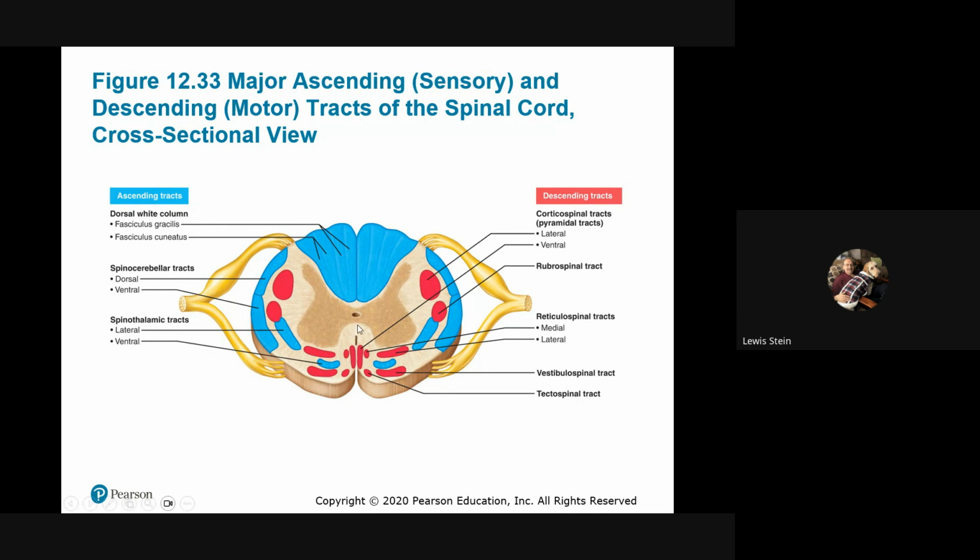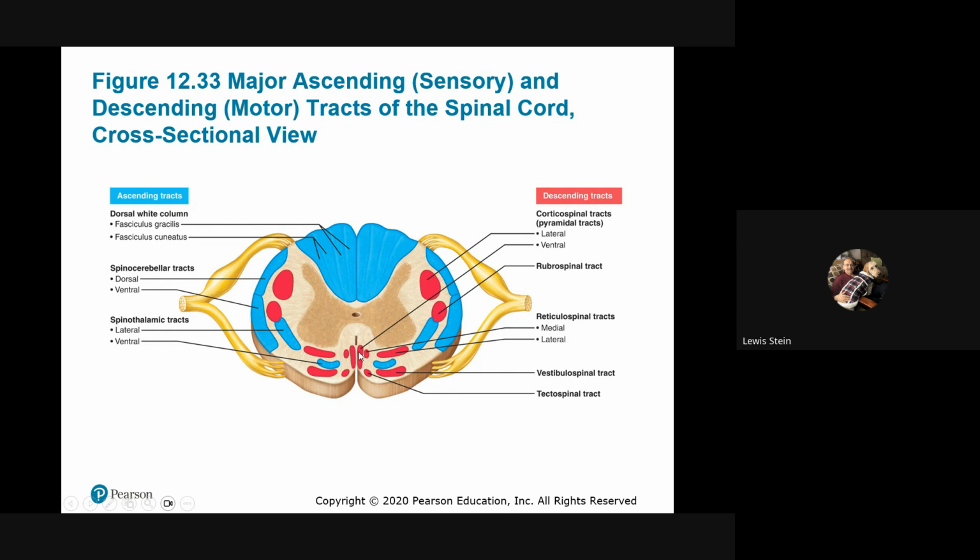That's red, descending tracts. The main tracts, remember those pyramids, the pyramidal tracts, are the corticospinal tracts. From the cortex to the spine, those are the pyramidal tracts. They are mostly lateral, and if you follow down, there are some closer to the midline ventral.